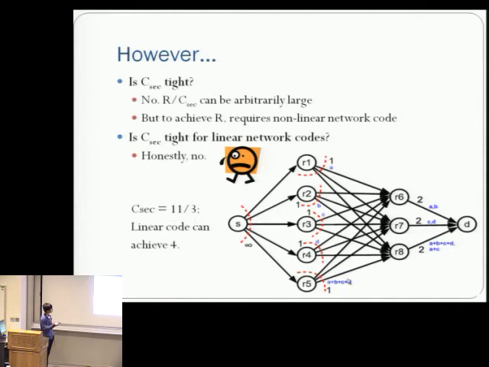But if we can mix, and if we perform coding in the intermediate nodes, for example here R8, we can actually achieve a rate of 4, which can be proven to be the max rate you can achieve with linear codes in this network.